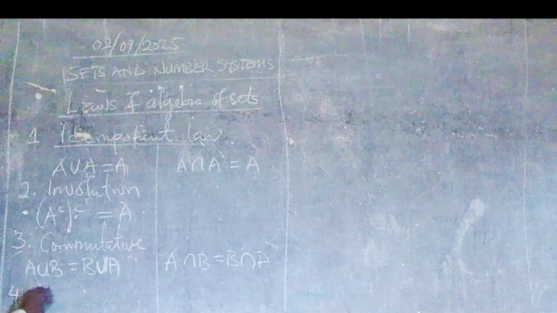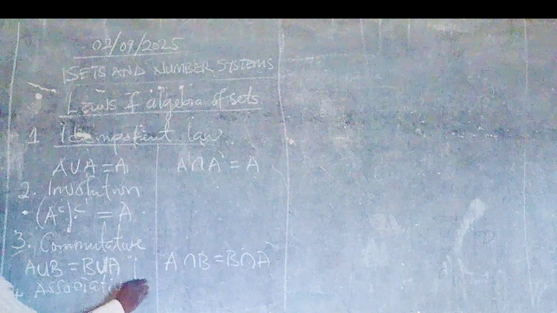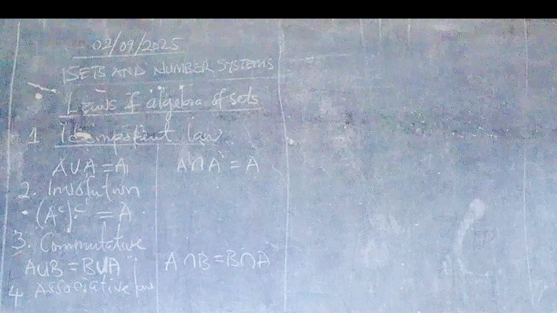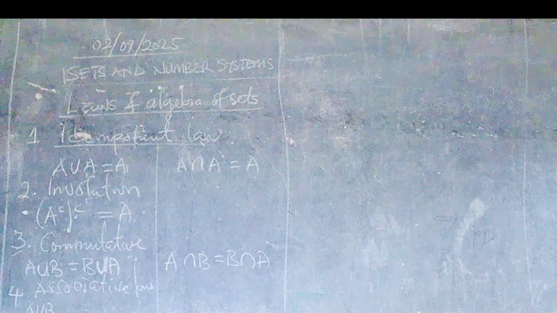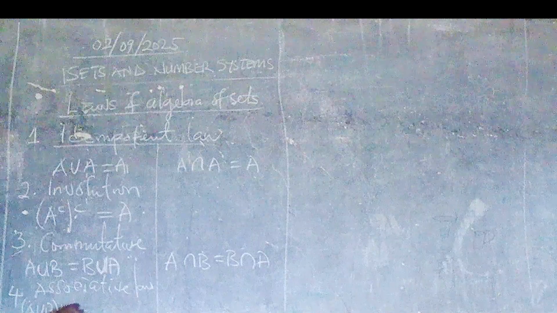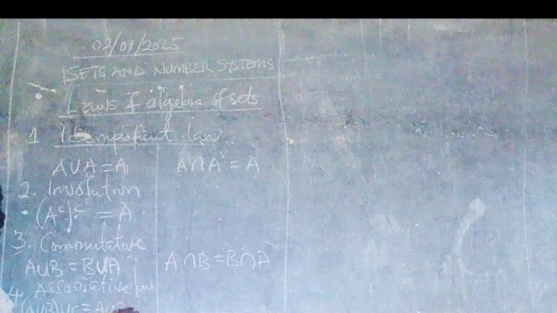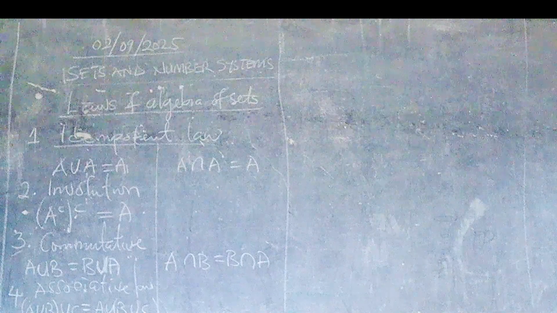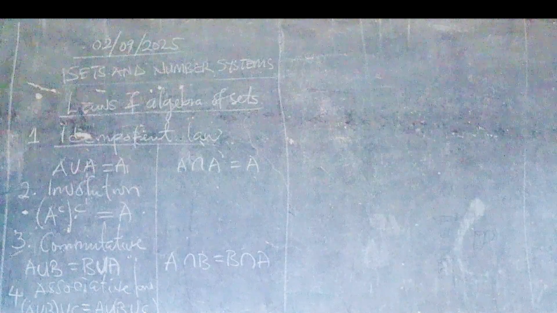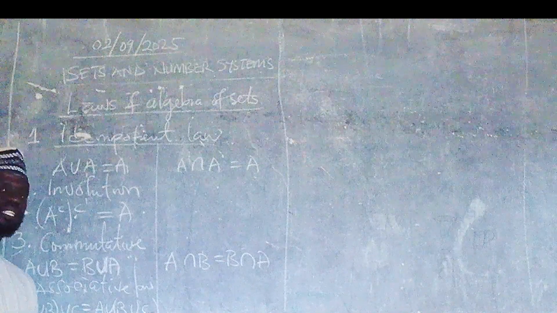And we also have the associative law. This associative law is saying that A union B, and then union C, is the same thing as A union, B union C. Meaning it doesn't matter if you have a union of three sets, you either start uniting the first two, or you unite the last two.